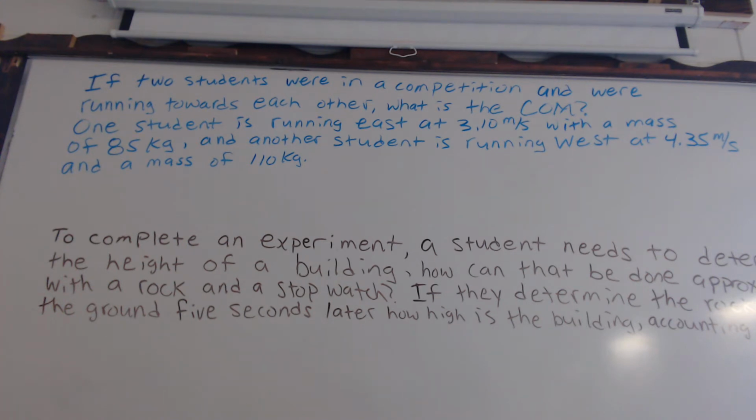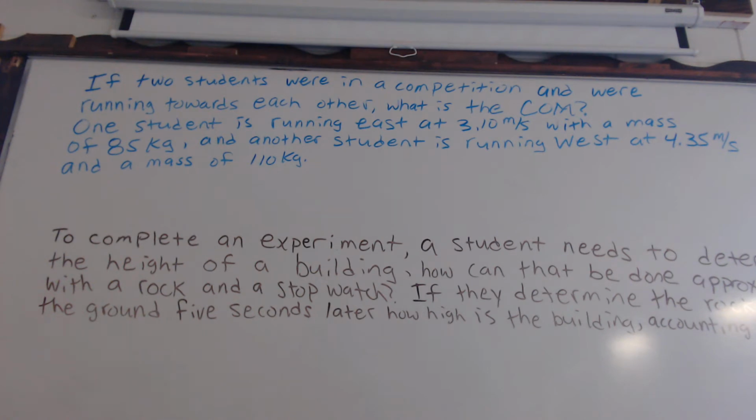All right, so as we look at this, if two students were in a competition and running towards each other, or you could say it's not necessarily opposite directions, but one is moving east and one is moving west, what is the conservation of momentum? The one running east is moving at 3.10 meters per second and has a mass of 85 kilograms.